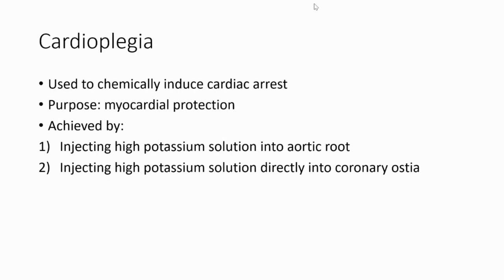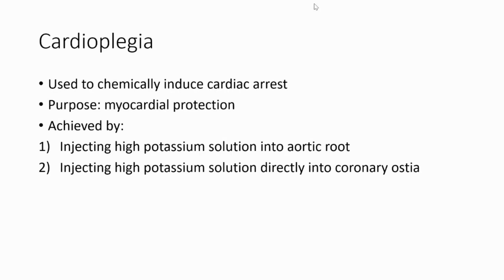Because remember, the heart is not really receiving any blood. We're stopping it to operate on it. So if the heart isn't receiving oxygen-rich blood and we let it pump and pump and pump and pump, then as it's pumping away, it's going to burn up its oxygen reserves and become ischemic and then infarct.